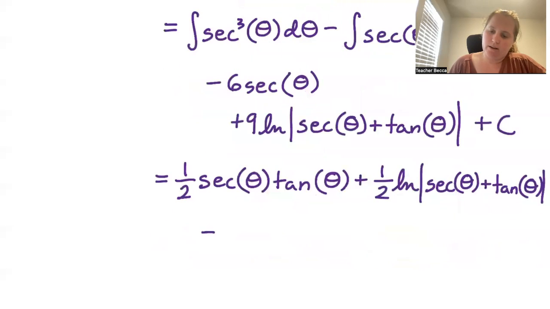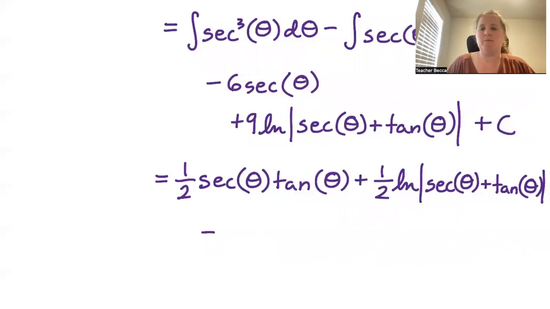Then we have minus the natural log of the absolute value of secant of theta plus tangent of theta. And we have our minus 6 secant of theta plus 9 times the natural log of the absolute value of secant of theta.